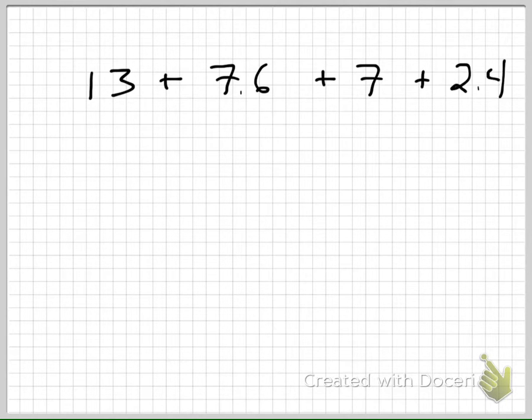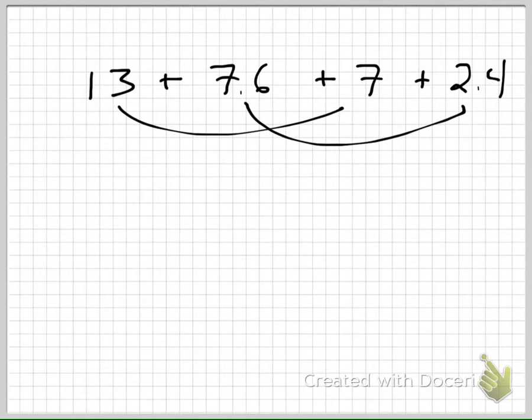Figure it out. What if I gave you this? You could go 13 plus 7.6, or what you see, you could do what? What is 13 plus 7? 20. What's 7.6 plus 2.4? 10. 20 plus 10 is 30.